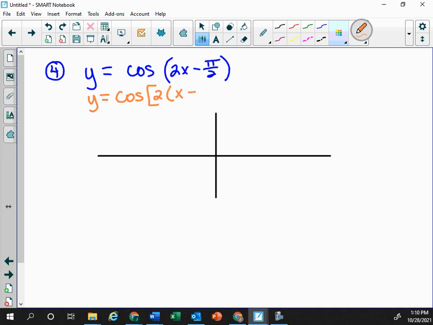What does that pi over 2 become? Yes, good. So you have a b value of 2, and you have a phase shift right pi over 4. That's where we're going to do everything from.